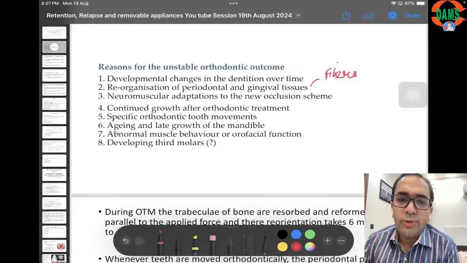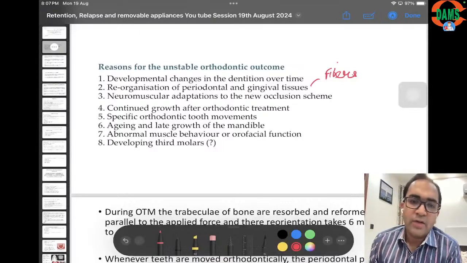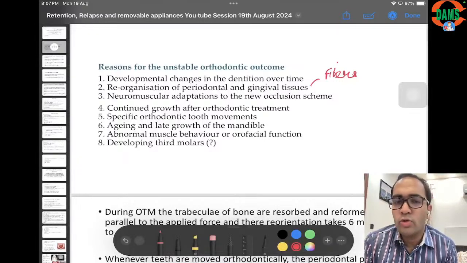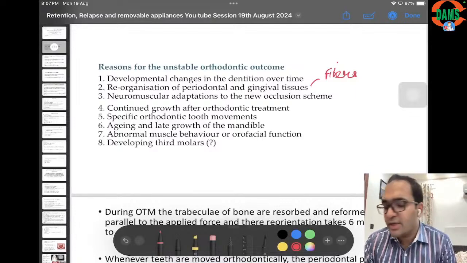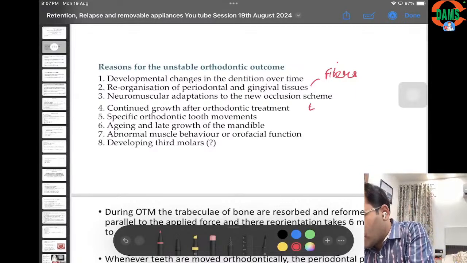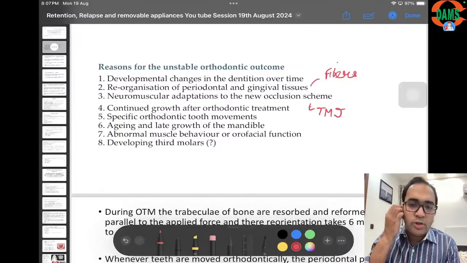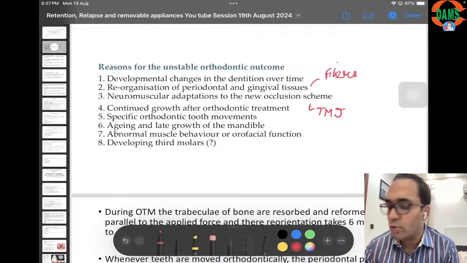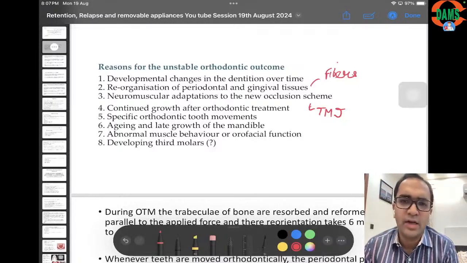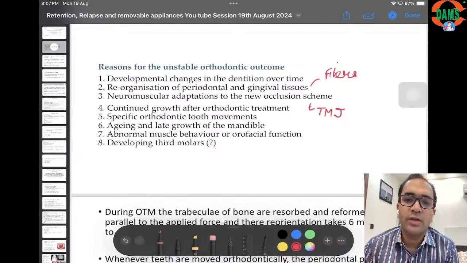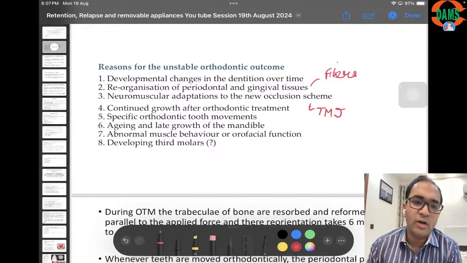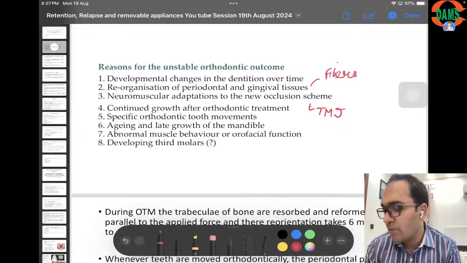The neuromuscular system, that is the nerves and the muscles supplying these teeth, should also get adapted to the new occlusal pattern, and so should the temporomandibular joint, be it class 1, class 2 or class 3, whatever we have achieved.